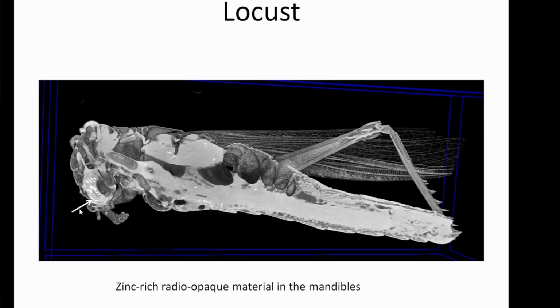And I want you to see that the white arrow is pointing to a densely white radio-opaque area, and this is metalloproteins containing zinc, which has, as we've said earlier, a fairly high atomic number. A locust spends lots of its time munching vegetation and needs to have particularly sharp teeth.